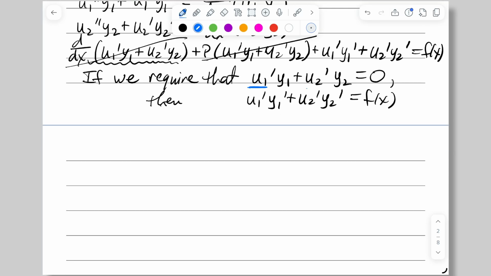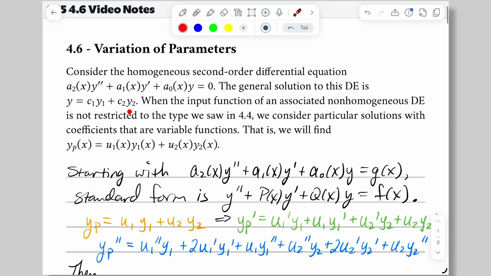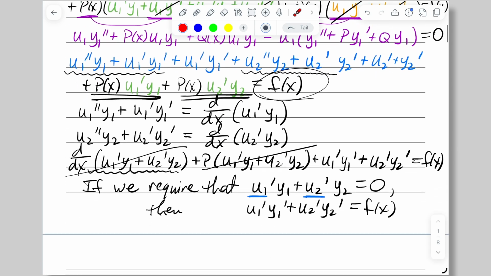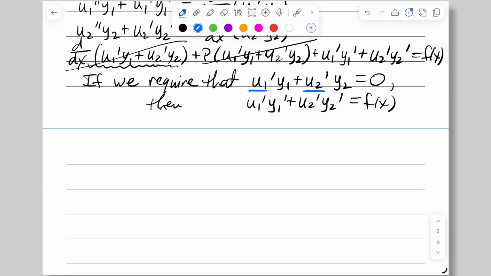u1 prime and u2 prime are the derivatives of the unknown functions u1 and u2 that started this whole conversation here. And what we have here is actually a system of equations where u1 prime and u2 prime are the unknowns.